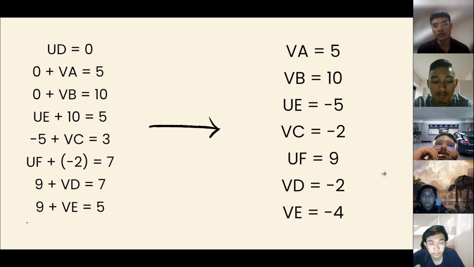So UE plus 10 equals 5, so UE is negative 5. Then UE plus VC equals 3, so VC is negative 2. UF plus negative 2 equals 7, so UF is 9. 9 plus VD equals 7, so VD is negative 2. And 9 plus VE equals 5, so VE is negative 4. Next slide.